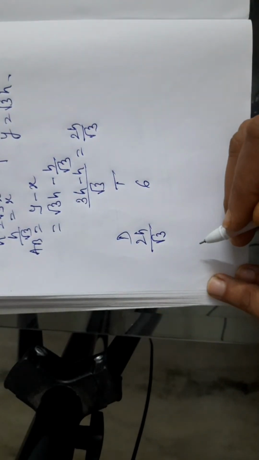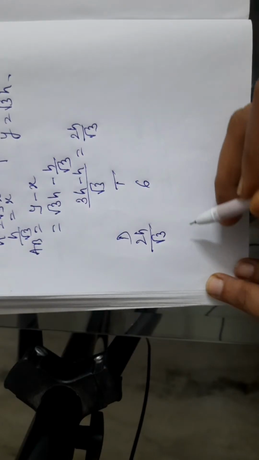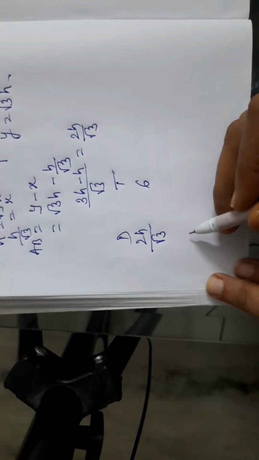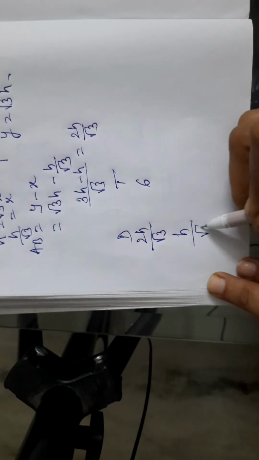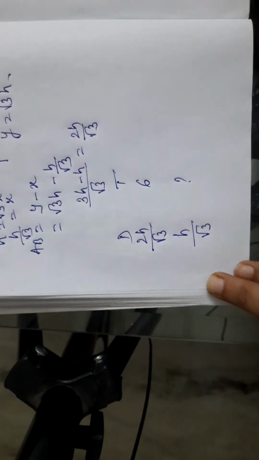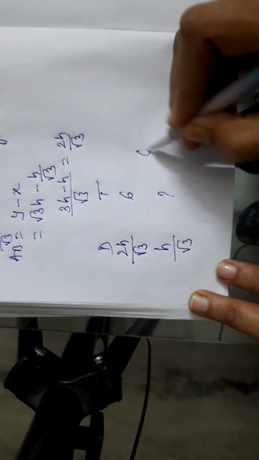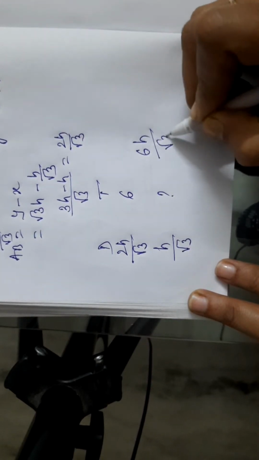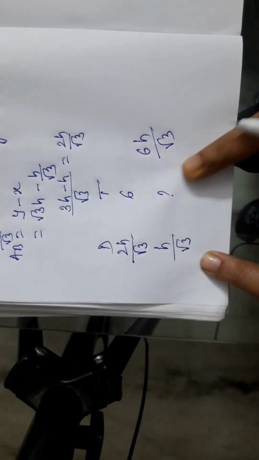So in how much time will it cover x? That is, we need to find the value of x. x is h upon root 3. What will be the time taken to cover h upon root 3? Having cross multiplication, 6h upon root 3, and this will be in the denominator.